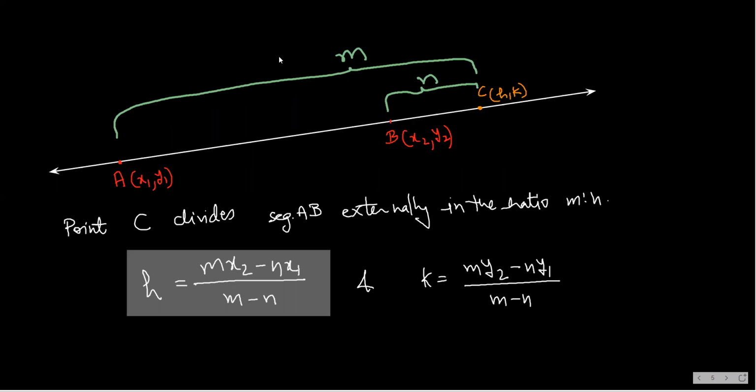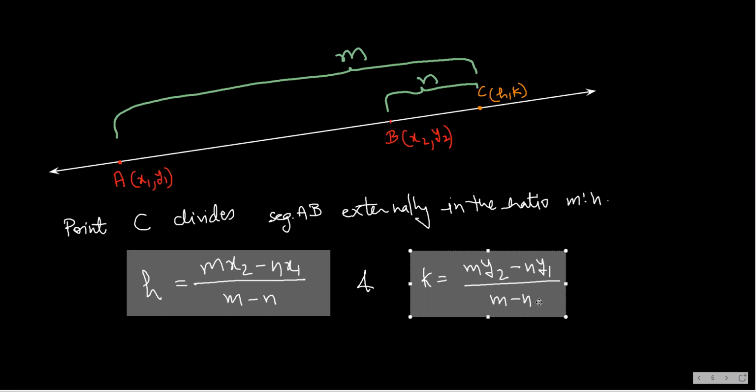We have done the revision part of what we had studied in school. I have revised this in much detail. I would suggest you do this very well, so that when we go for the next, that is section formula, internal division and external division in space, that is for vectors in 3D space, you will find it very easy.